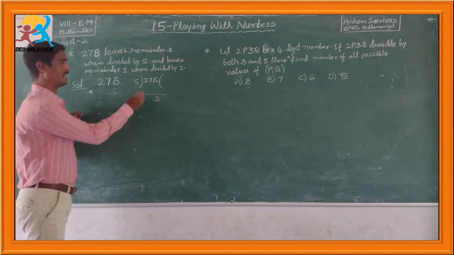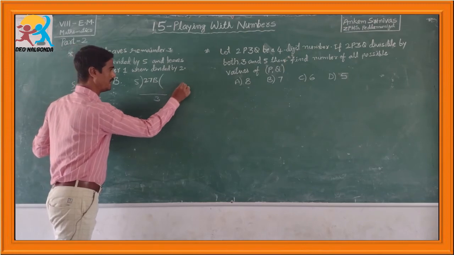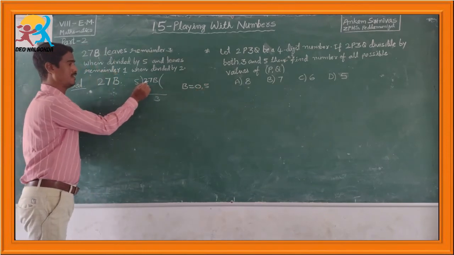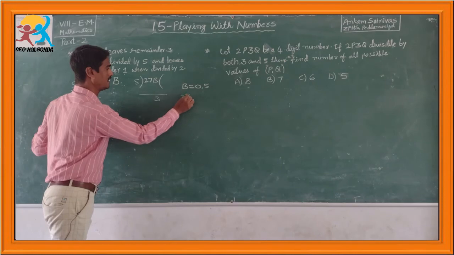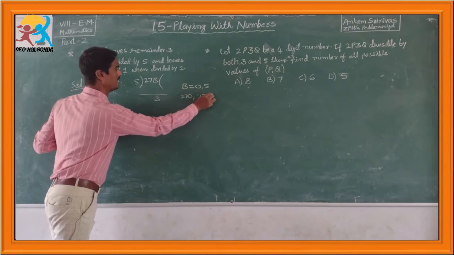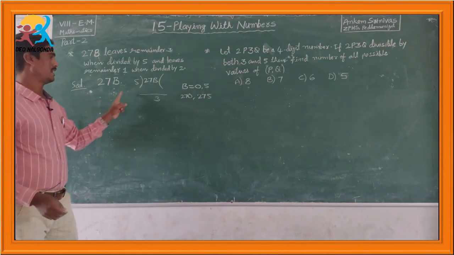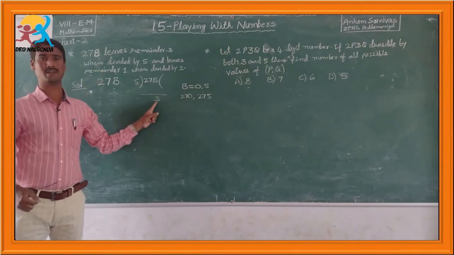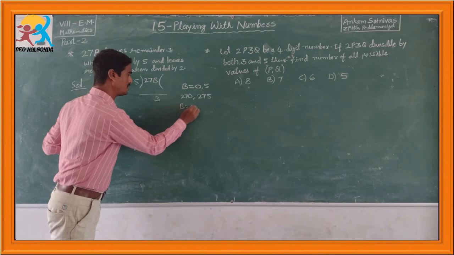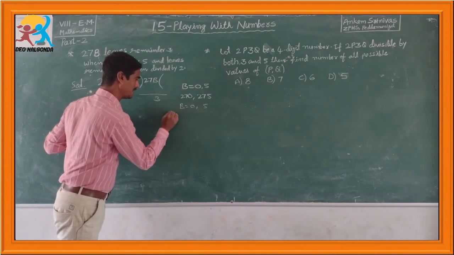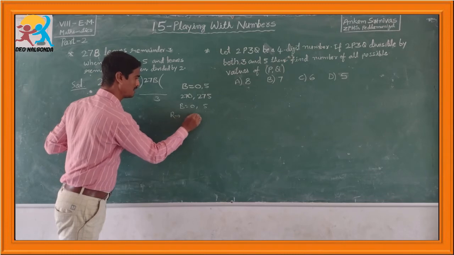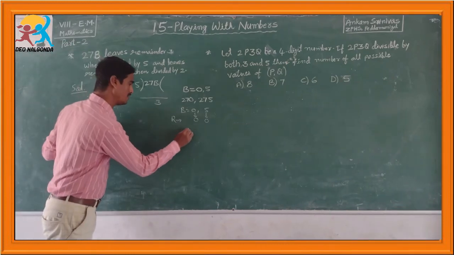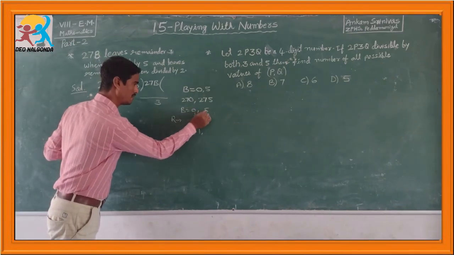Dear children, if b is equal to 0 or 5, then the given number becomes 270 or 275, which is divisible by 5, so the remainder will be 0. If I add plus 1, b equals 1 or 6, and the remainder will be 1.